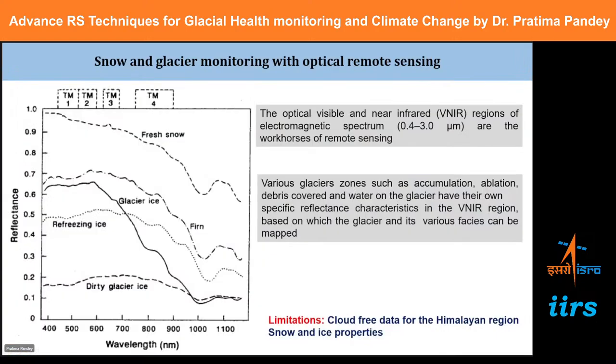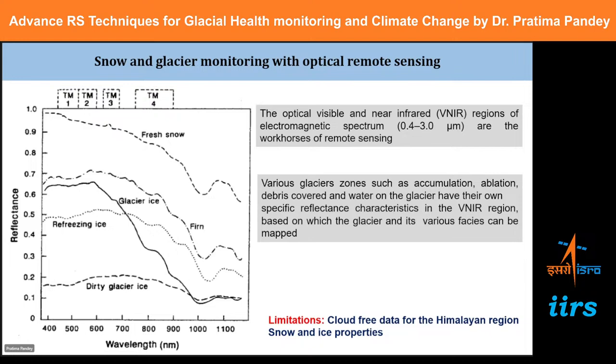So if we use remote sensing, what are the characteristics of remote sensing or of the glaciers which are used for studying these glacier parameters? There are two types of remote sensing data sets: optical remote sensing and SAR remote sensing, that means microwave remote sensing.